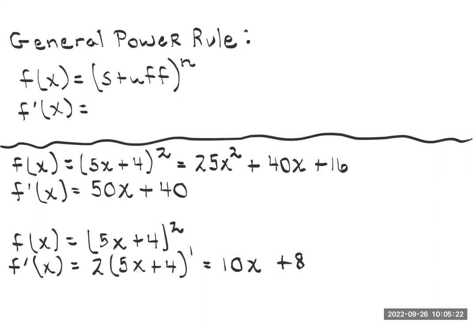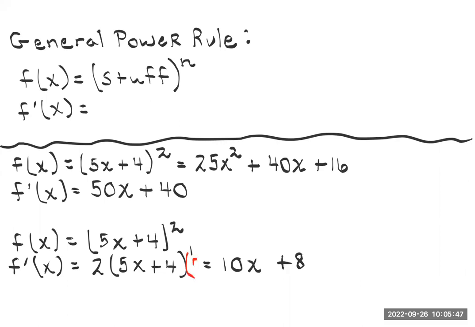And so what we said last Monday is, that's not how the general power rule works. It starts that way, but in order to turn this into the correct answer, what do we need to multiply 10x plus 8 by? Now we agreed that we need to multiply by 5.